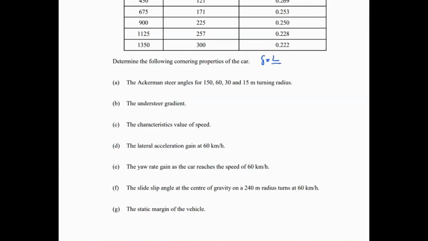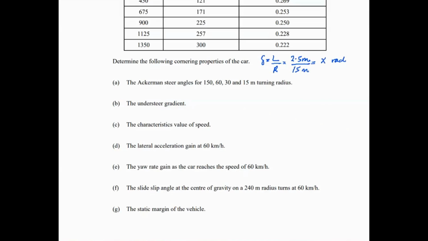Wheelbase divided by the turning radius. So the vehicle wheelbase is 2.5 meter, divide turning radius, for example, 15 meter, you get a certain value in radian.